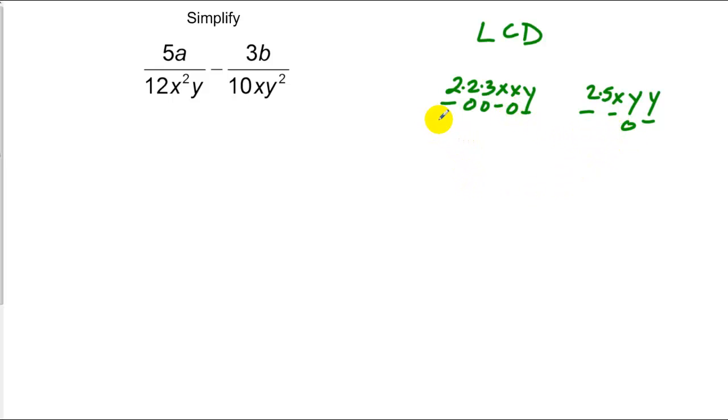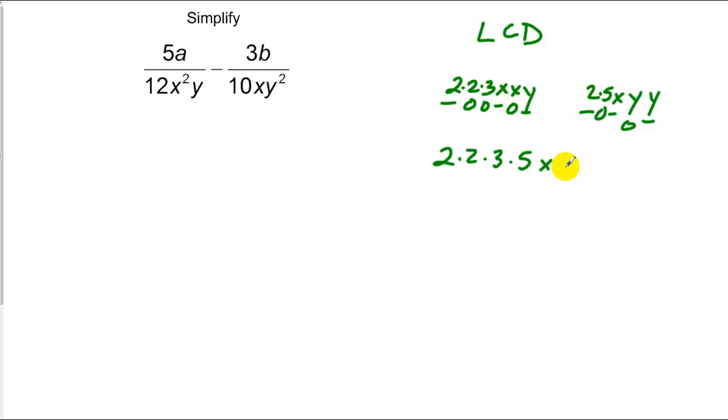So my LCD is going to be made up of the 2 that's in common, the extra 2 that I need, the extra 3 that I need, and let's not forget this 5 right here. And then I have an x in common, which I'm going to need.